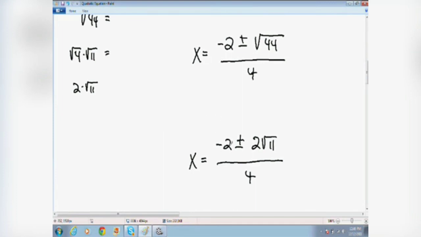We have a -2, we have a 2 square root of 11, and we have 4. And if you notice, all those 3 terms have a common factor of 2. Because -2 can be divided by 2 easily, 2 square root of 11 can be divided by 2 easily, and 4 can be divided by 2 easily. So since they all have a common factor of 2, we need to simplify this even more.